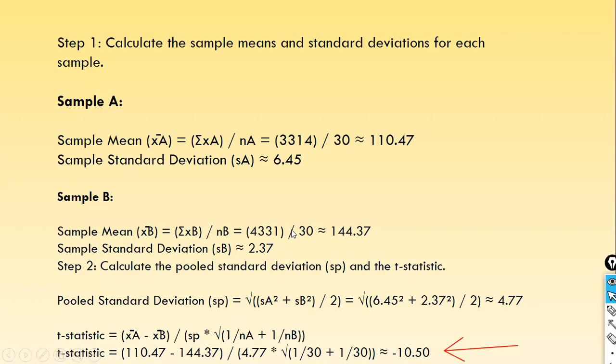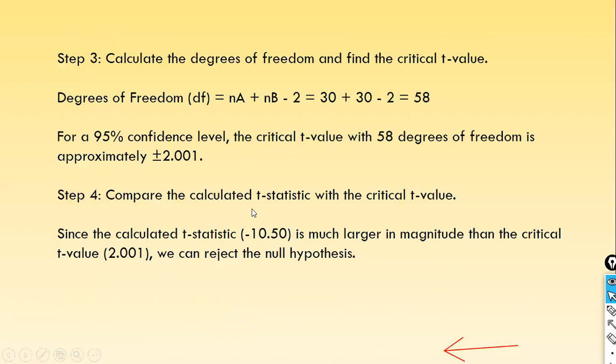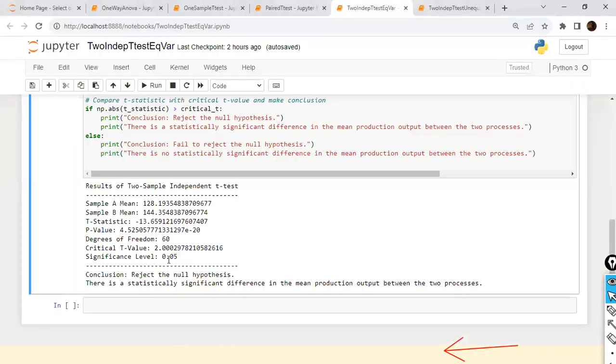Let's say the critical value in this case is plus or minus 2.001. Correct, 2.001 here. So what is the t-test statistic value? Minus 13.65. What is the critical value? 2.001.